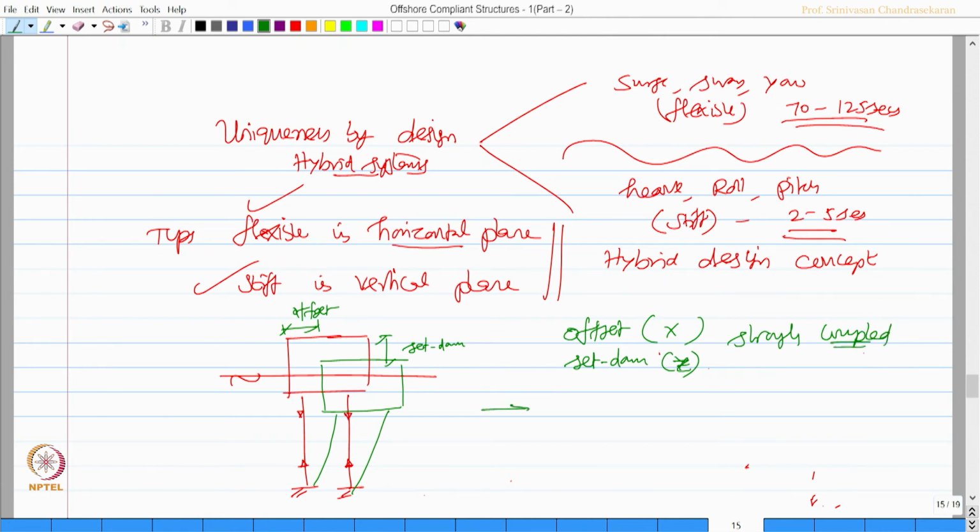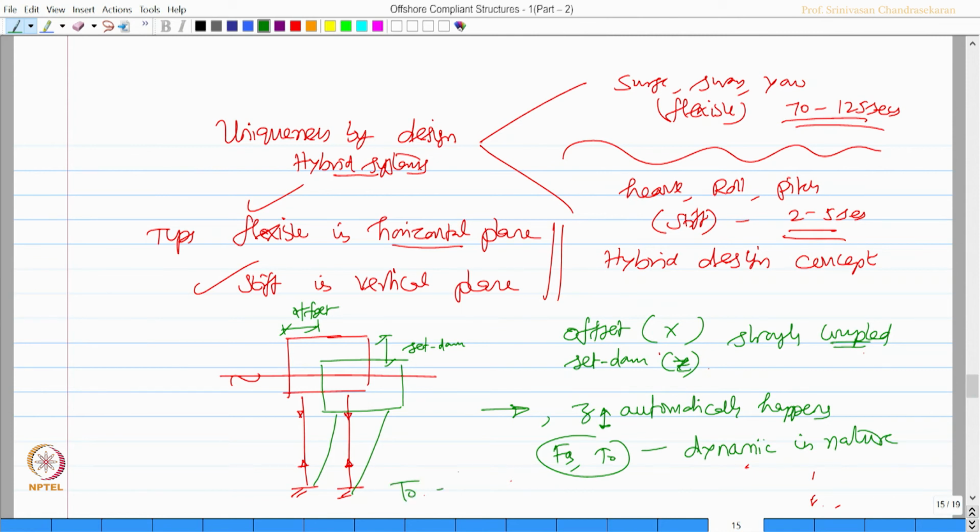When you give an x displacement, displacement along z automatically happens. Any displacement along z will change the buoyancy, will change T0, and therefore, the problem is dynamic in nature. That is why this T0 is otherwise called dynamic tension variation.